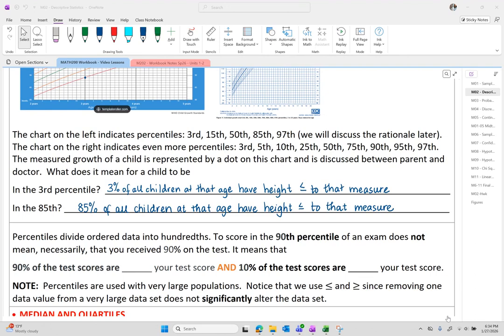So a 3rd percentile is a shorter child, and an 85th percentile is a taller child, since the percentile is the height that has that much percent of the population less than or equal to the value that you hold.